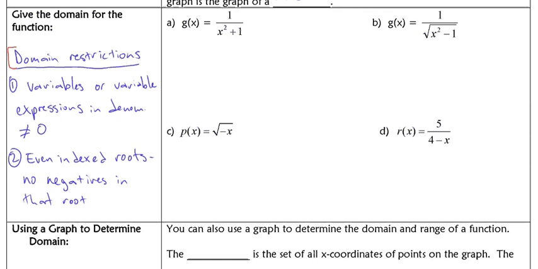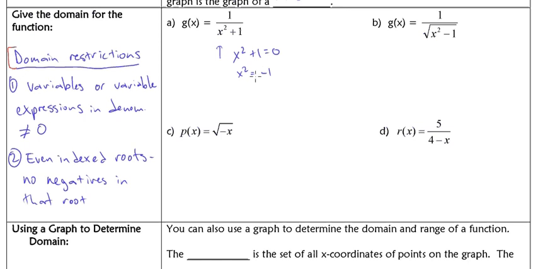So for number one, what numbers could x be that would give us a denominator of 0? And those would be our restrictions. And it turns out there's not any real numbers I can plug in for x that will give me 0 in the denominator, because to get 0 in the denominator, I would have to set this equal to 0. So x squared plus 1 equals 0. Subtract 1 from each side, and I have x squared equals negative 1.